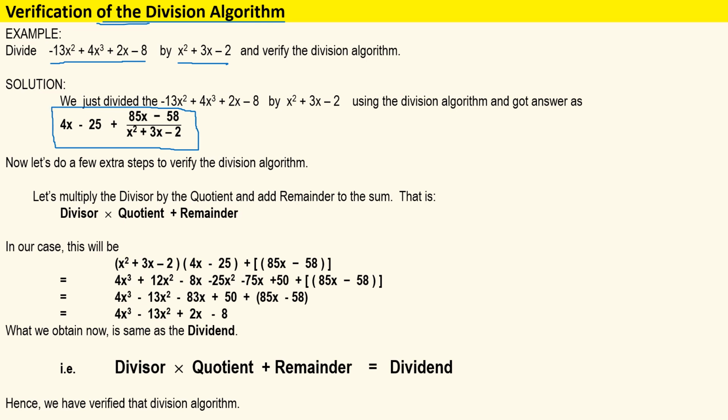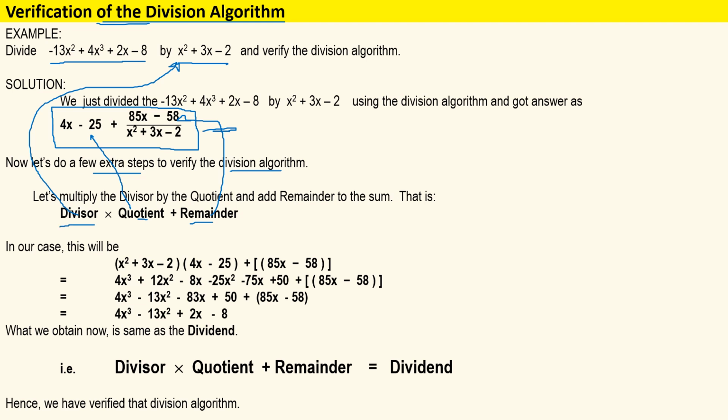Now we shall carry out a few extra steps and do the verification. We got the remainder as 85x minus 58, the quotient as 4x minus 25, and the divisor in our case is x squared plus 3x minus 2.